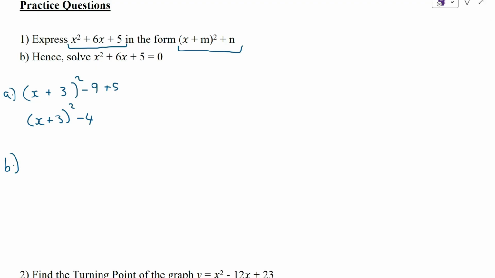Now for b, we need to solve this equation. So using our answer from part A, we are simply going to make this equal 0 and then rearrange and solve for x.